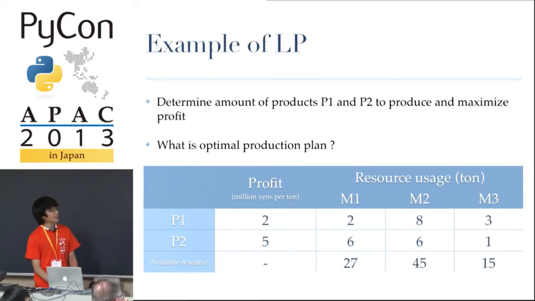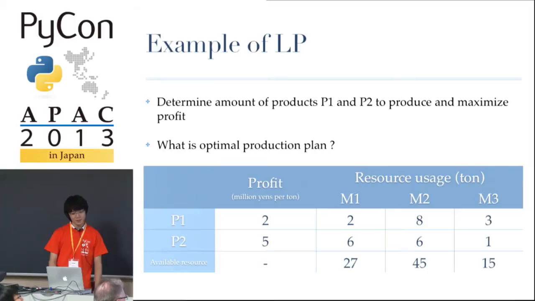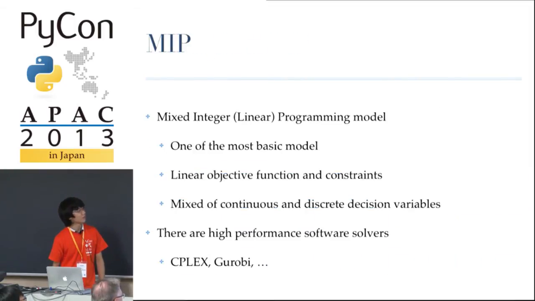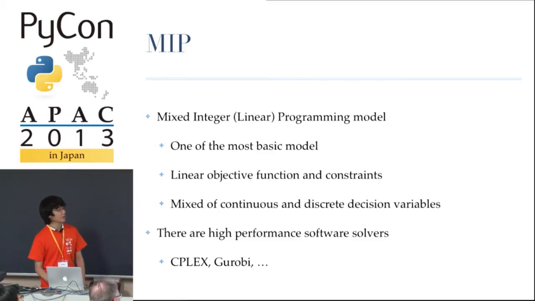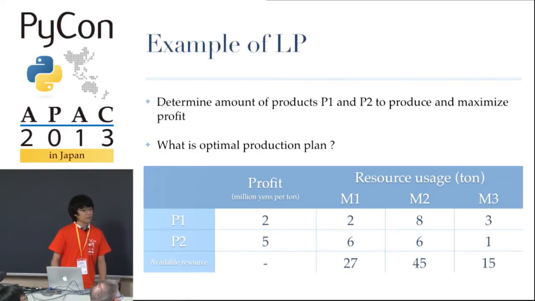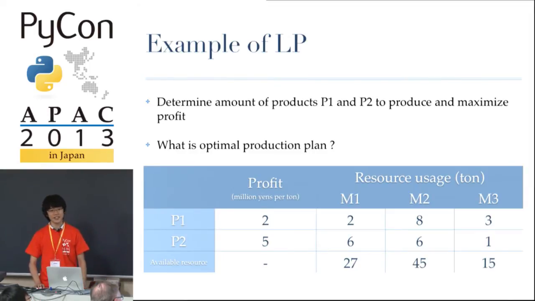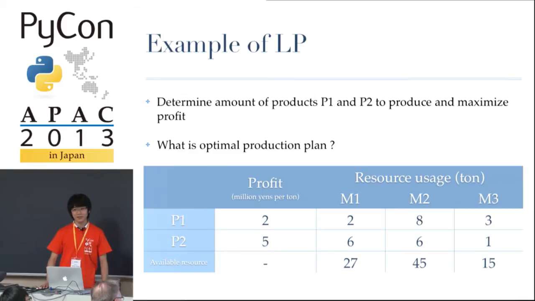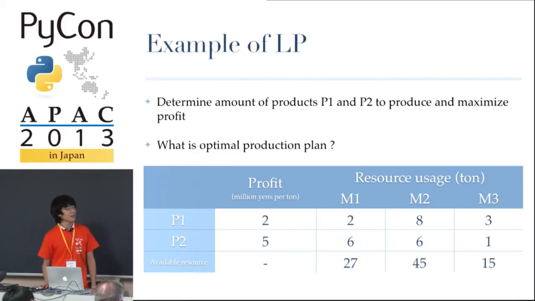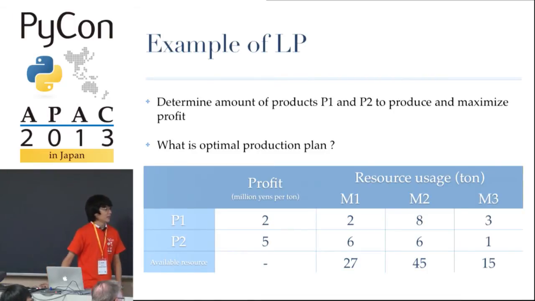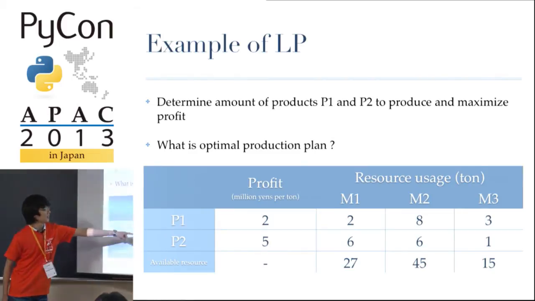And this is an example of a linear programming model, a kind of MIP. Now we are the manager of a factory. We produce two products, P1 and P2. The unit profit is this.